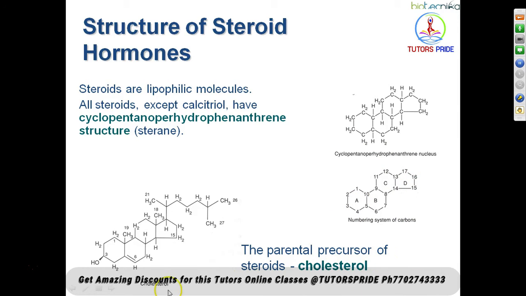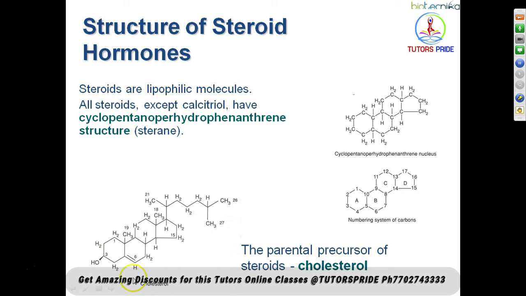The parent precursor of steroids is cholesterol. All the steroids are manufactured or can be synthesized from cholesterol.